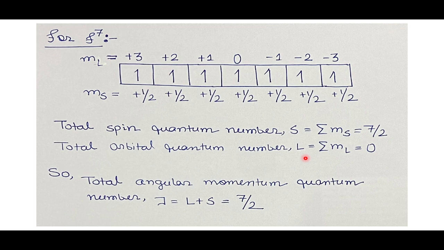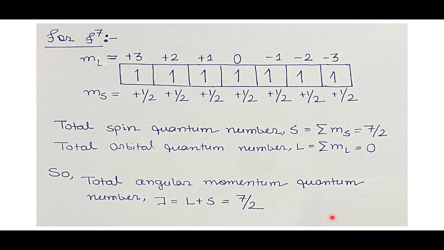I think all these questions are related to spectroscopy somewhere, so 1-2 questions you will definitely get from this topic. Now your total angular momentum is L plus S, that is 7 by 2 plus 0, that is 7 by 2 here, right?